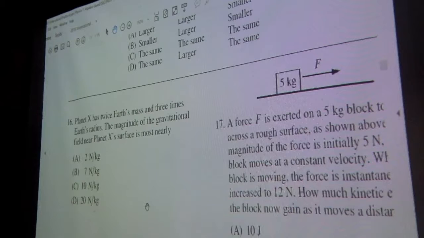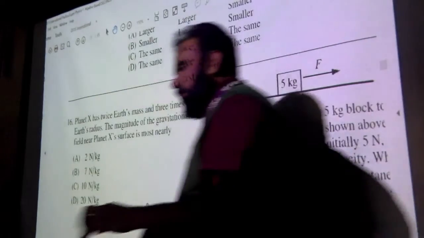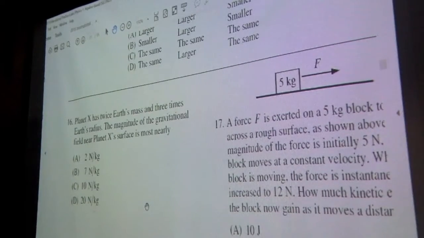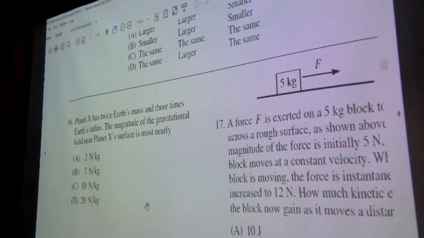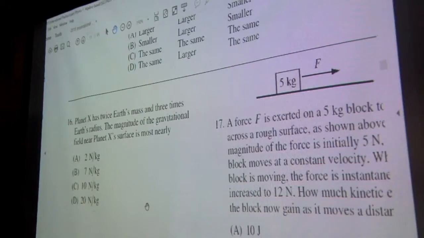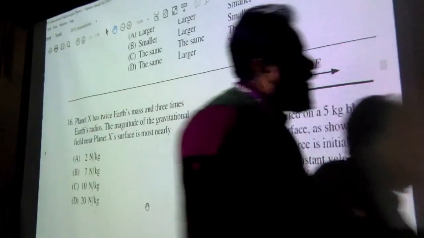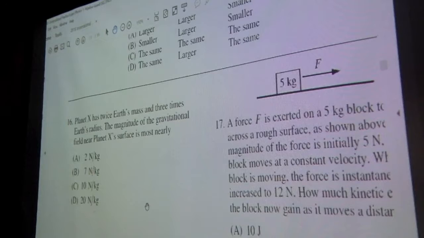The equation is g equals GM over r squared. Check back into your notes, you'll see that equation. So if you write g equals GM over r squared, that is for gE, and that is ME, and that is RE.